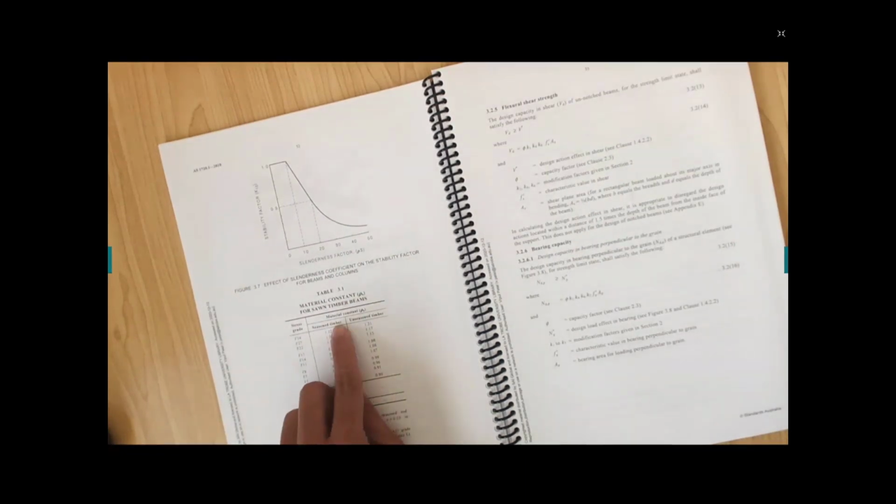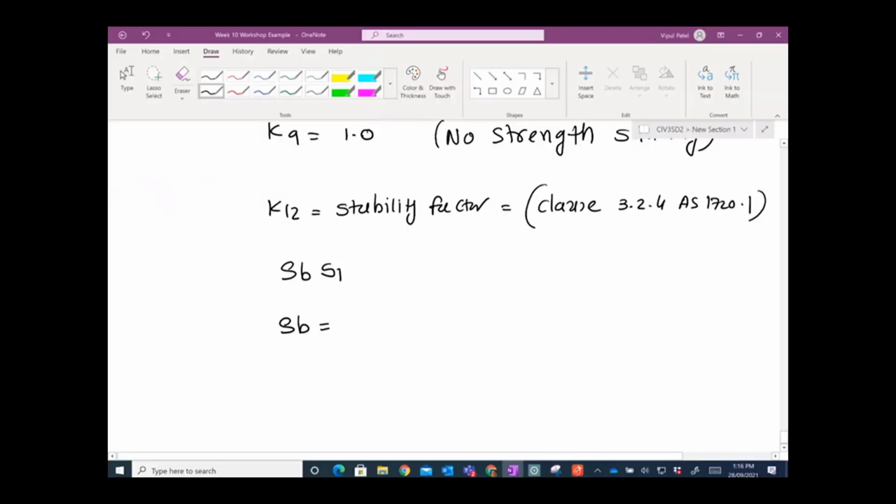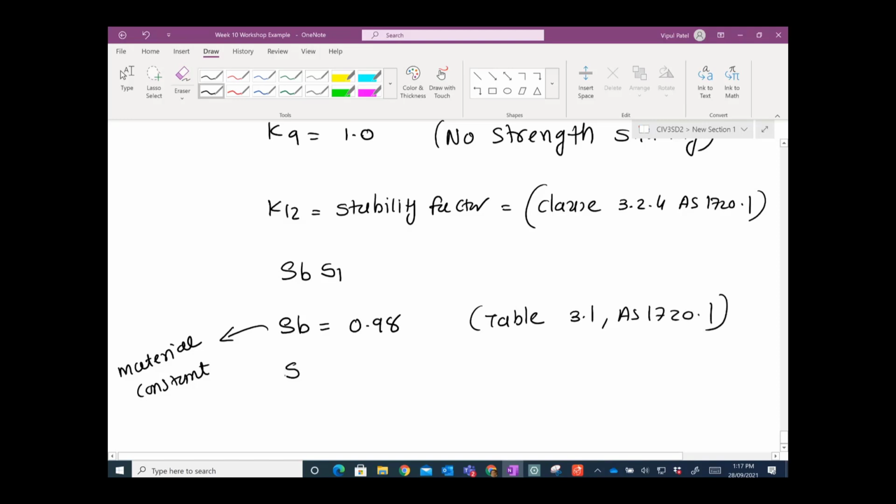For F14 we have seasoned timbers, we don't have unseasoned timbers, so we take rho B as 0.98. Rho B 0.98, the material constant, is coming from Table 3.1 of AS1720.1.